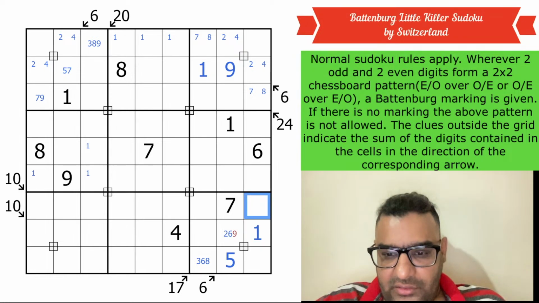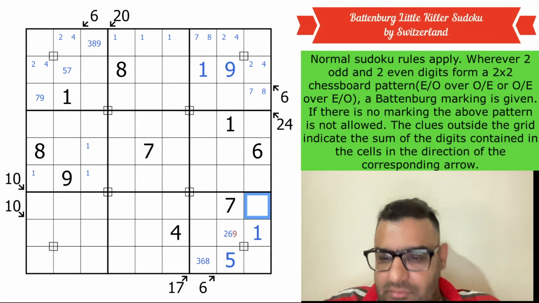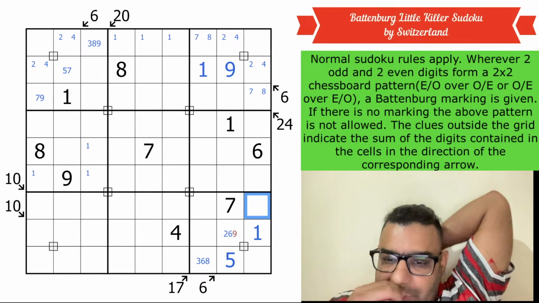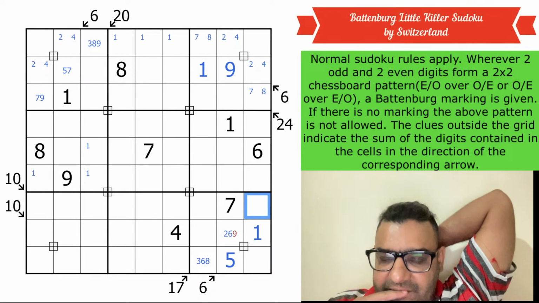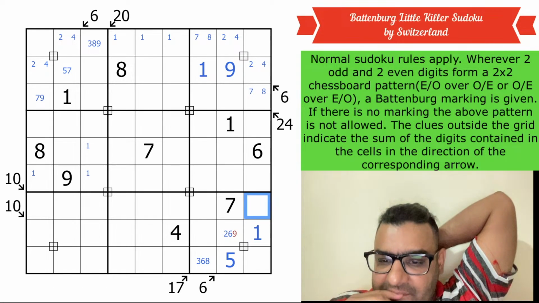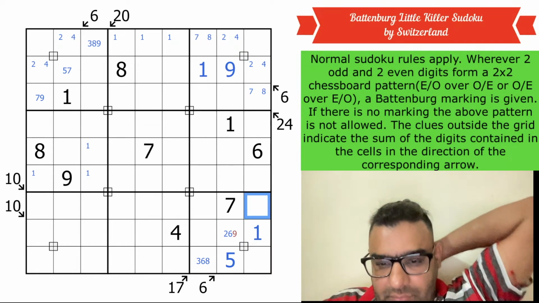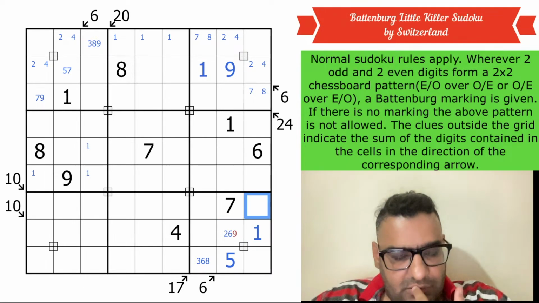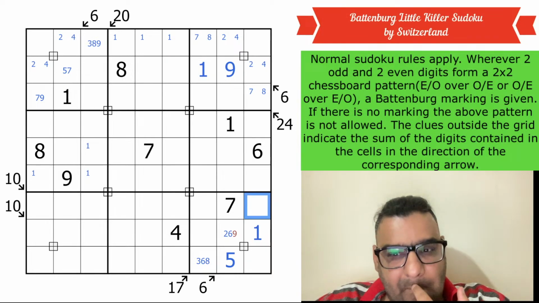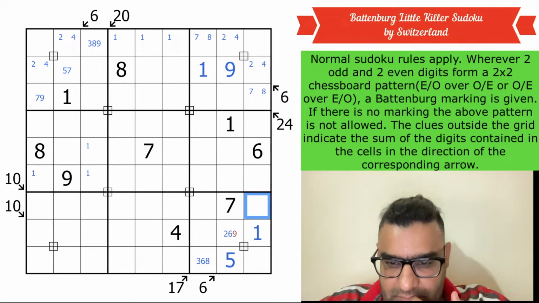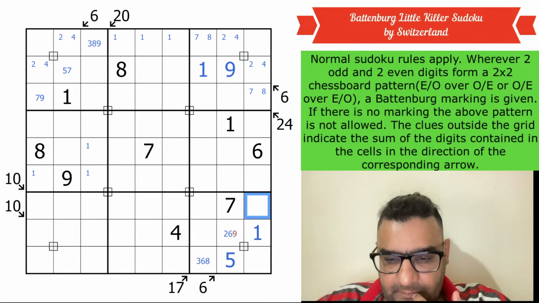No, I am not writing this. So only two combinations for 17. How can I complete 17? Let me leave that here, or can I complete it? 269 or 368?